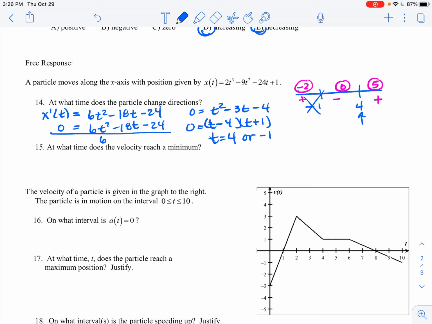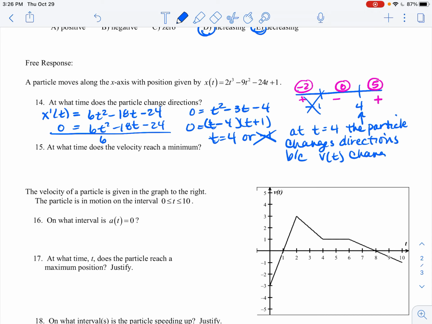At a time of 4, the particle changes directions. Can't have a negative time, guys, because v of t changes from negative to positive.